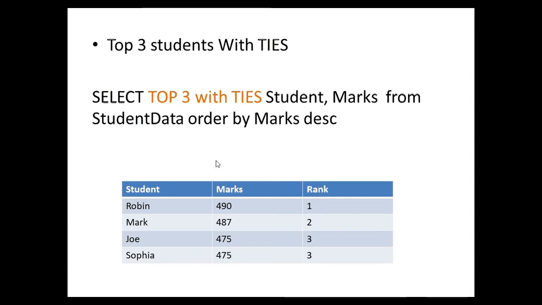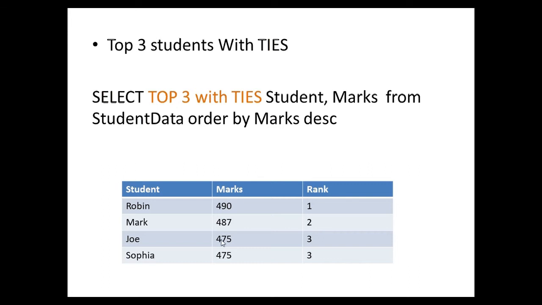For example, if we have applied the query for select top 3 only, we can have Robin, Mark and maybe Joe. Then what about Sophie? She has also the same marks as Joe. So we can use select top with ties.